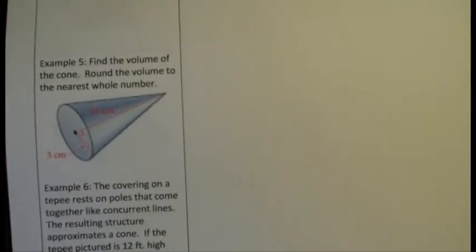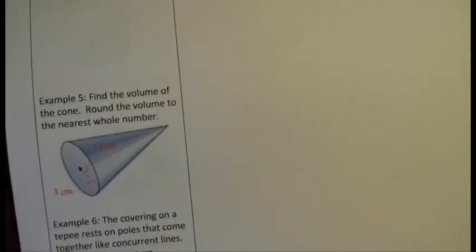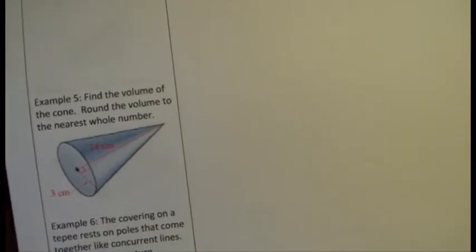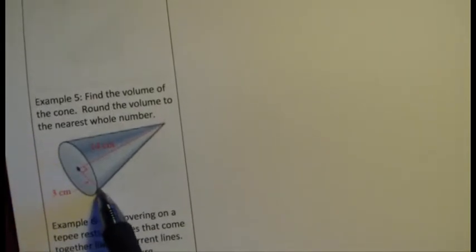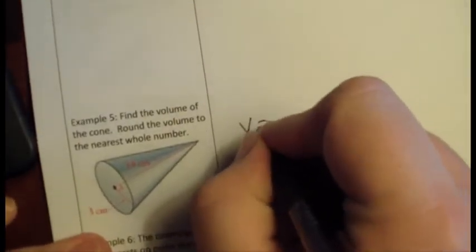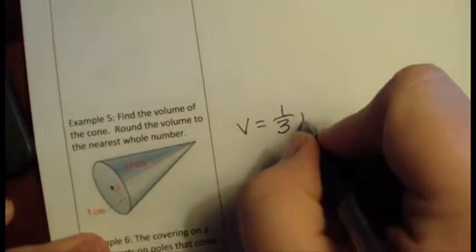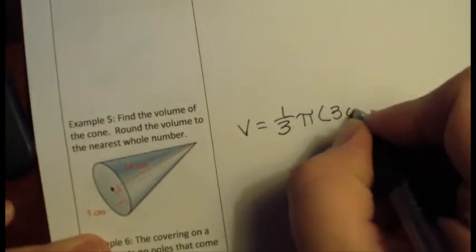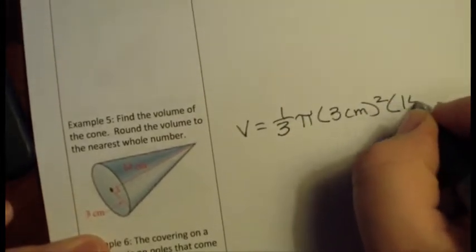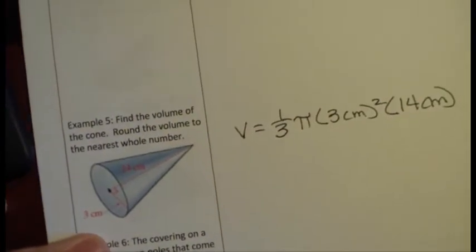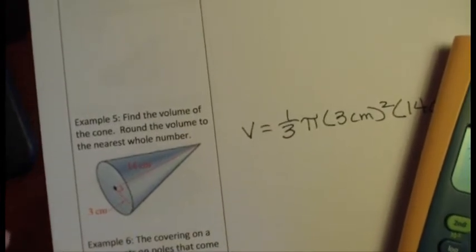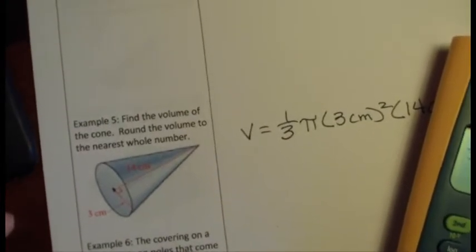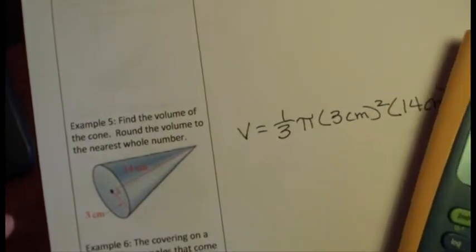So example 5, find the volume of the cone. Round the volume to the nearest whole number. So we've got a circle base with a radius of 3. The height of our cone is 14 centimeters. So volume is 1/3 pi r squared h. So 1/3 times 3 squared times 14 is 42.